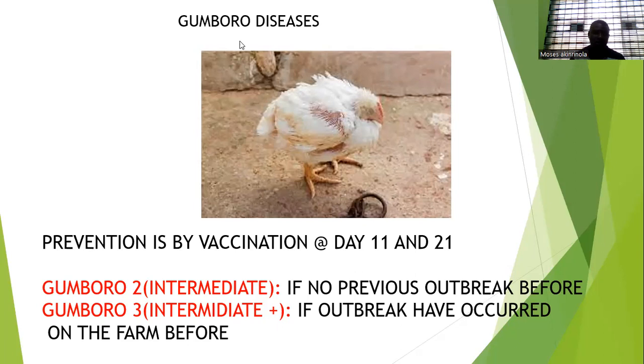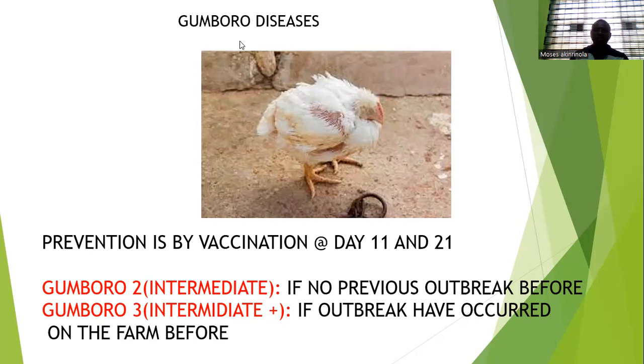There are two categories of the vaccine available in the market. We have the one for intermediate, which we call Gumboro 2, and we have the one for intermediate plus. Now, the difference between intermediate and intermediate plus is this. If a farmer has experienced this condition on his or her farm before, then it is advisable to go for intermediate plus when having another stock.